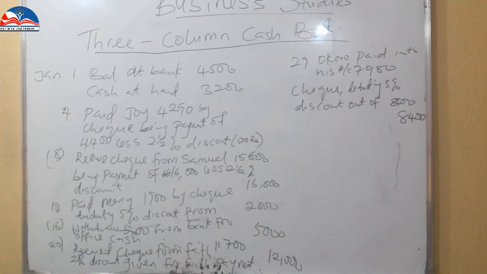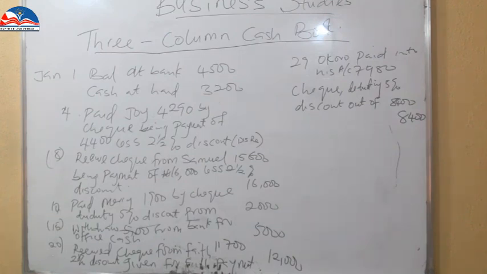Everything on the debit side is money coming into the business, and it is the business owner that has allowed Joy 2.5% of 4,400. And so when you calculate 2.5% of 4,400, you are going to have 110 naira. That is going straight to our discount received account on the credit side. If I'm doing the posting, I will remind you of that.